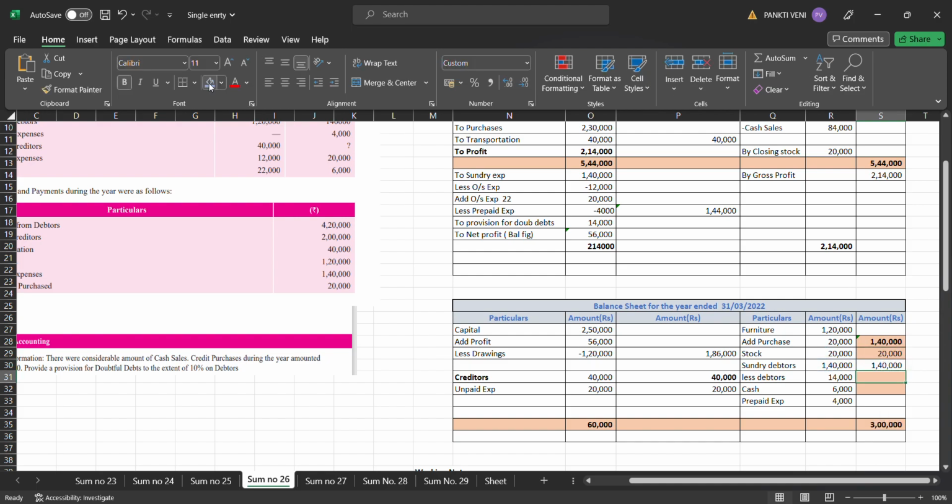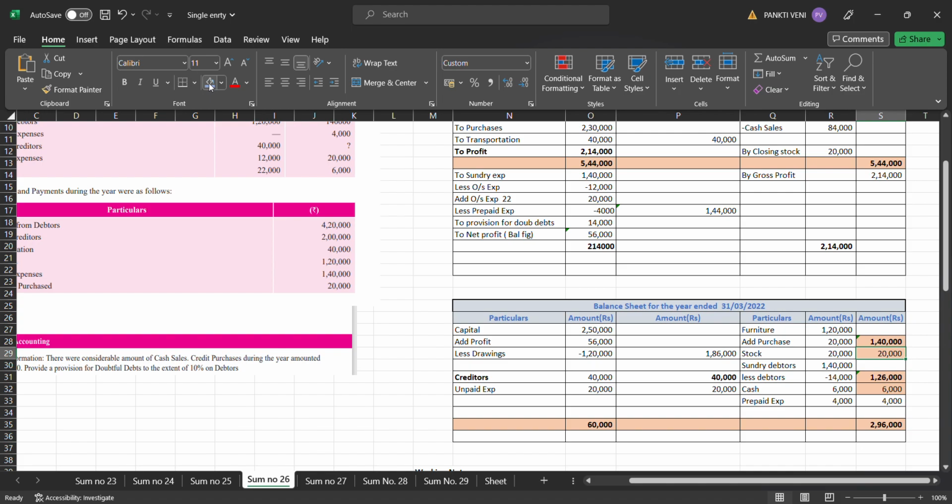I'll take the stock part, I'll take the debtors part. Debtors part I cannot take directly. There is a working for the debtors part. From that working I'm supposed to remove this provision. I'll have to subtract the provision for doubtful debtors. So this much is done. 2,96,000 is the tally amount.